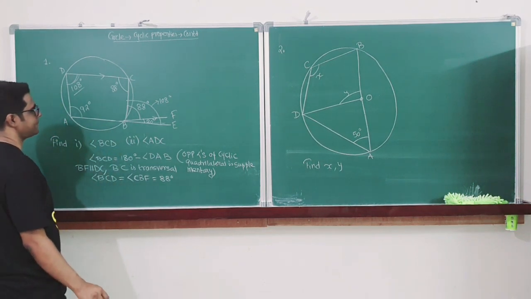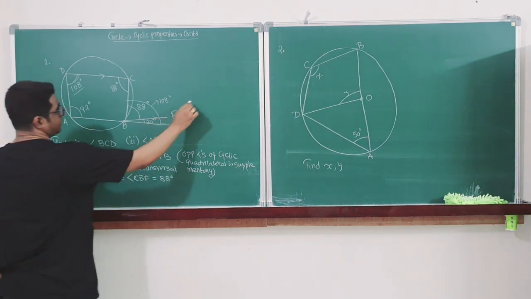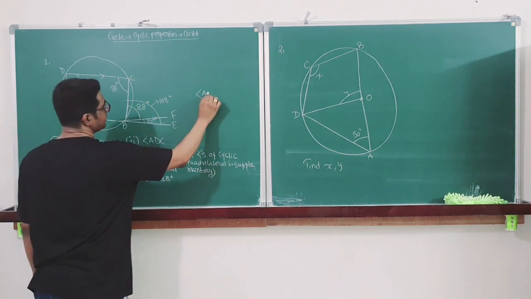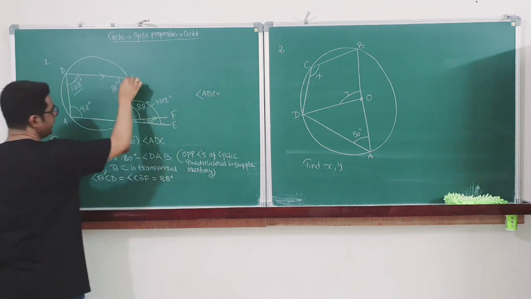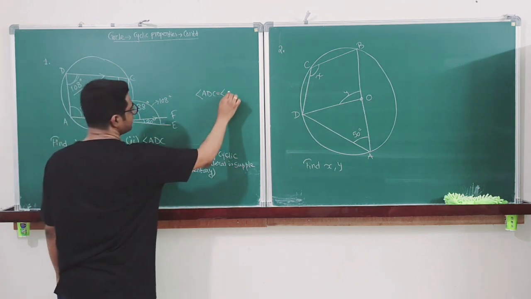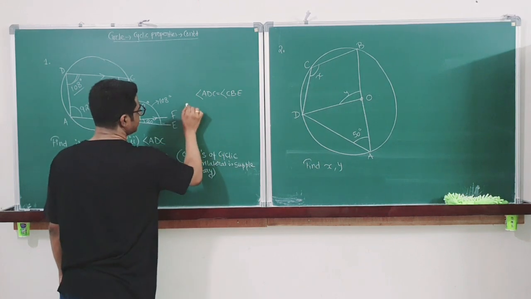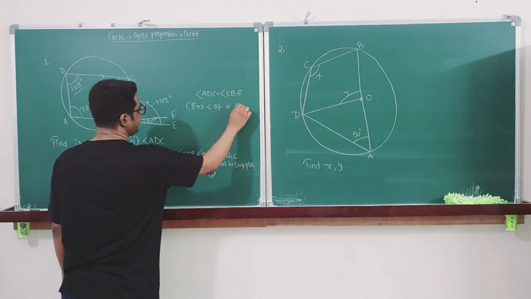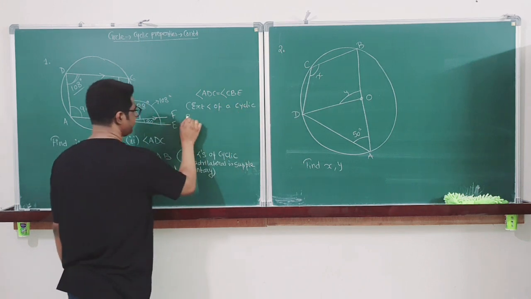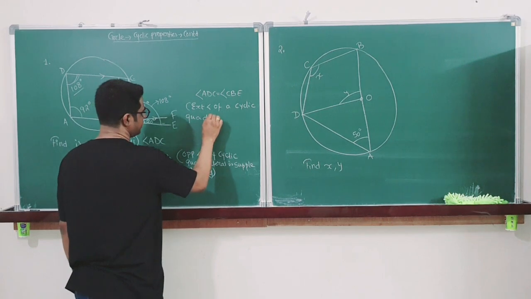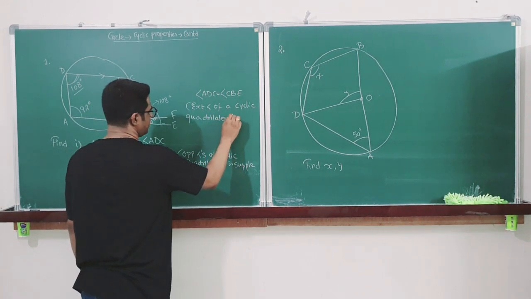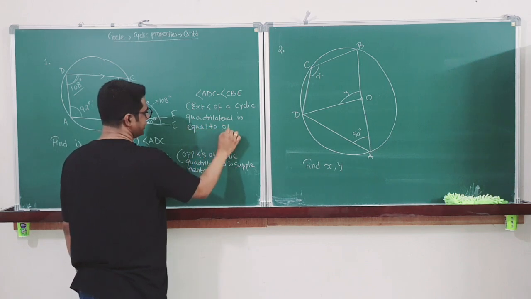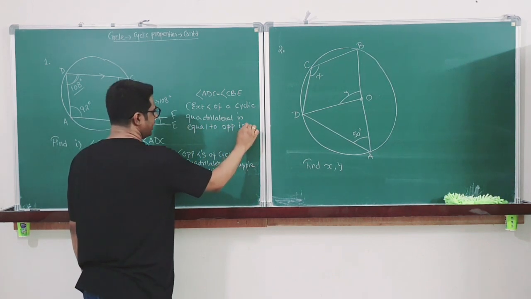Next, angle ADC is equal to angle CBE, external angle of a cyclic quadrilateral is equal to opposite internal angle.